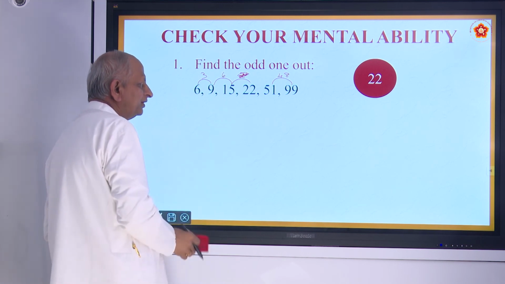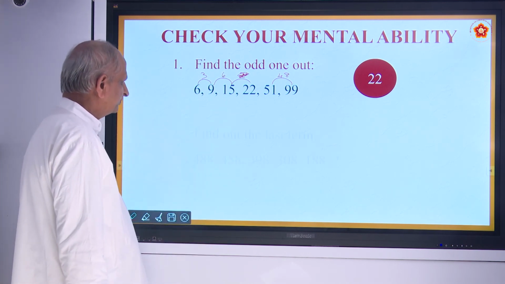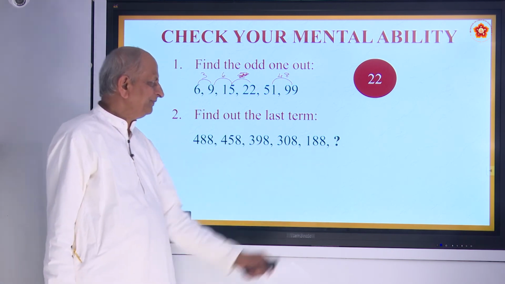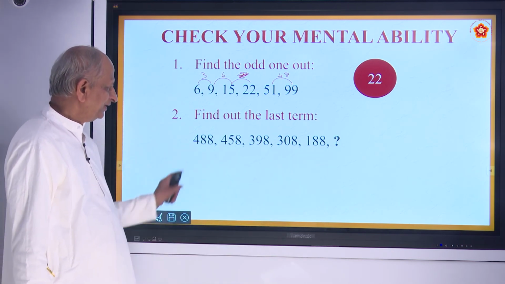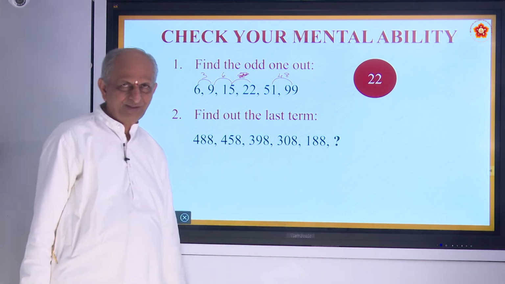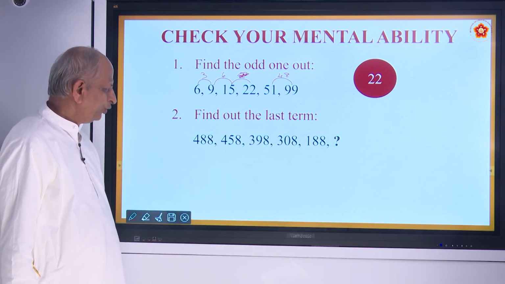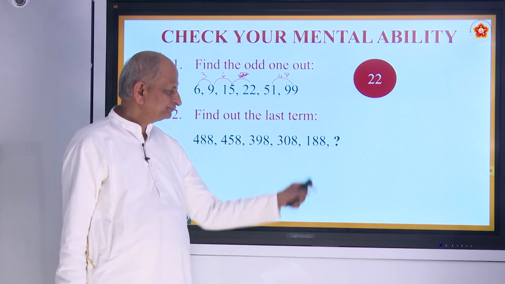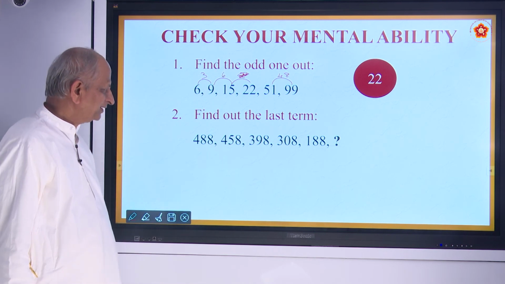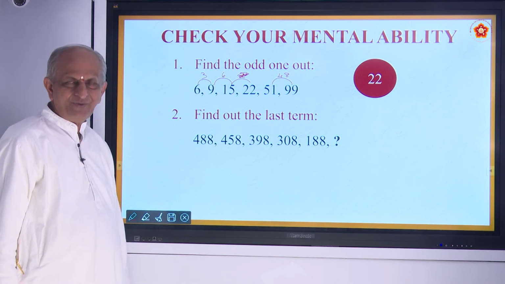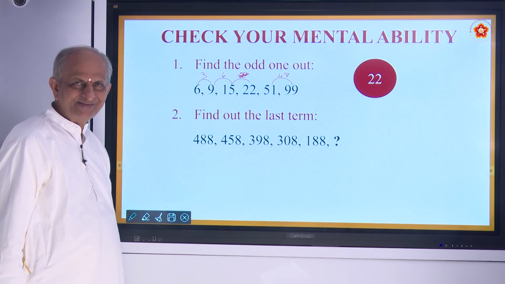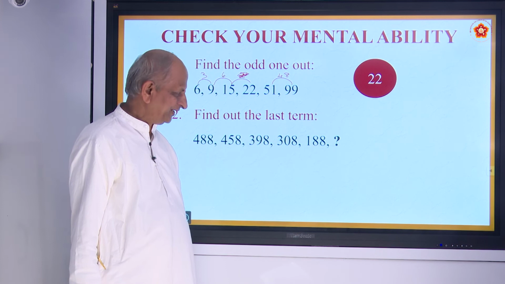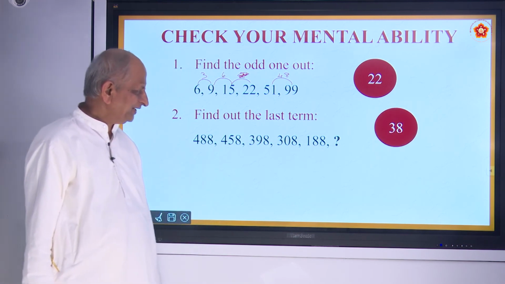Okay, that is the first question. Take one more. Find out the last term. This term is missing. See this series. Any clue you can make out? See the difference of each of them and check. 1 minute, 2 minutes. Okay, answer is 38.